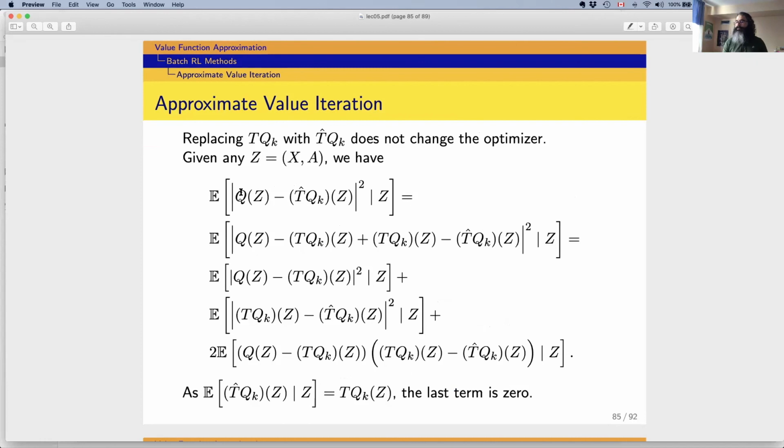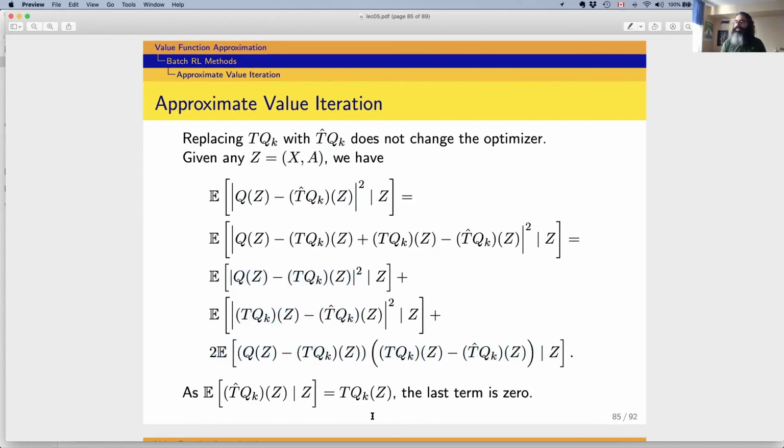So I want to show that replacing TQ_k with T hat Q_k does not change the optimizer. The argument is again the same as before, and I only go through it quickly. So, the expectation of (Q(Z) - T hat Q_k(Z)) squared, with Z the shorthand notation for (X, A), so I use it to make it more compact. I just add and subtract TQ_k(Z) and do the same decomposition as before, so we get three terms.